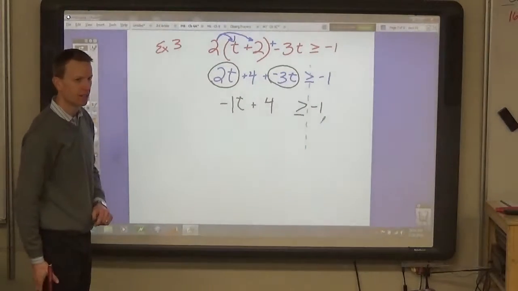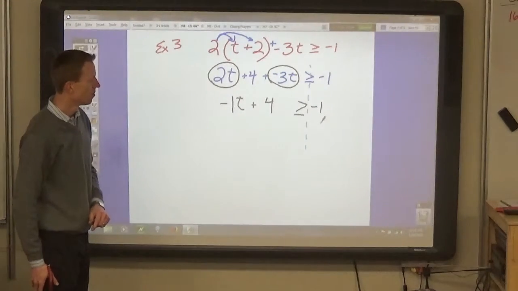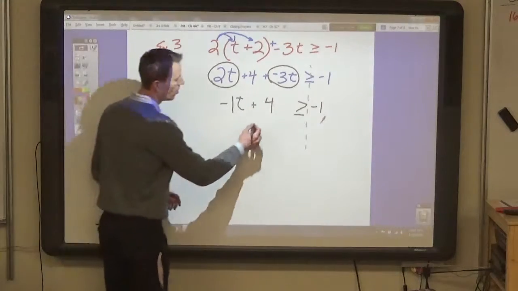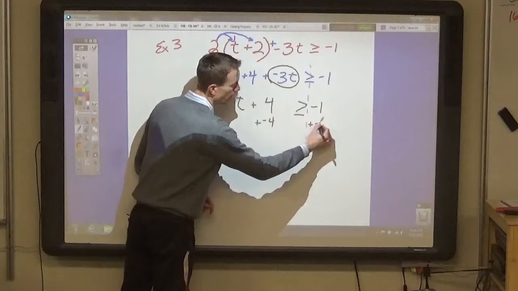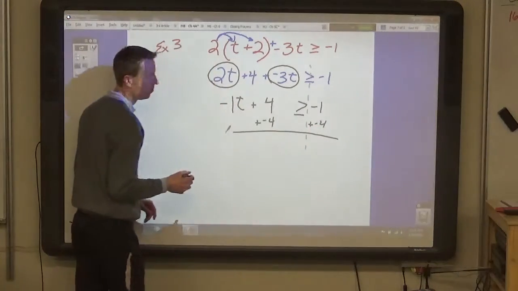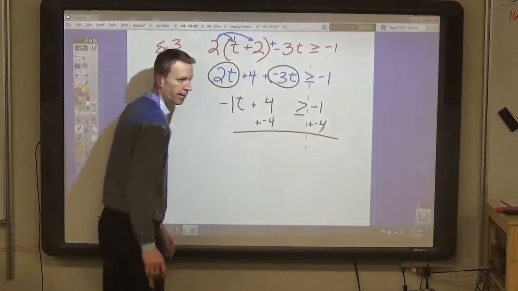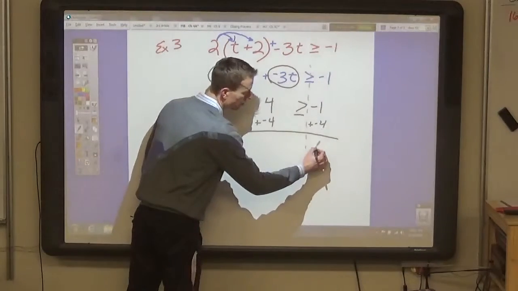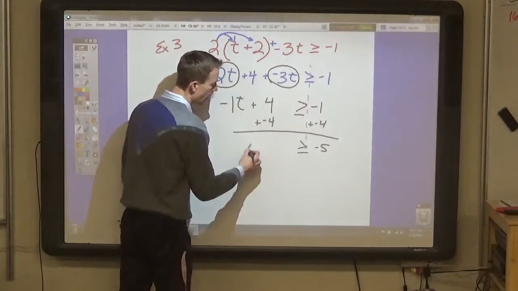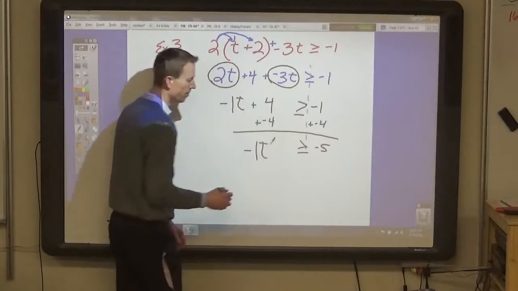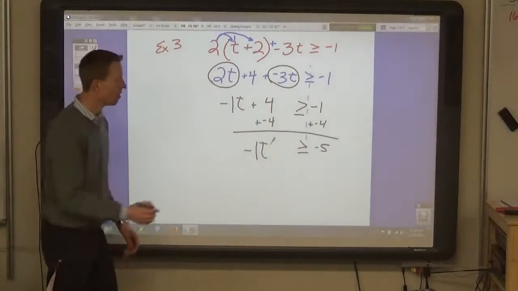Now what? Good. So add negative 4 to get t by itself. Negative 1 plus negative 4, and that's greater than or equal to negative 1t. Good.